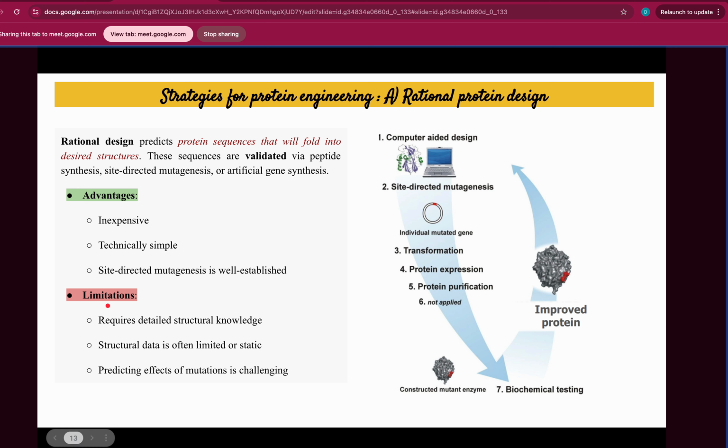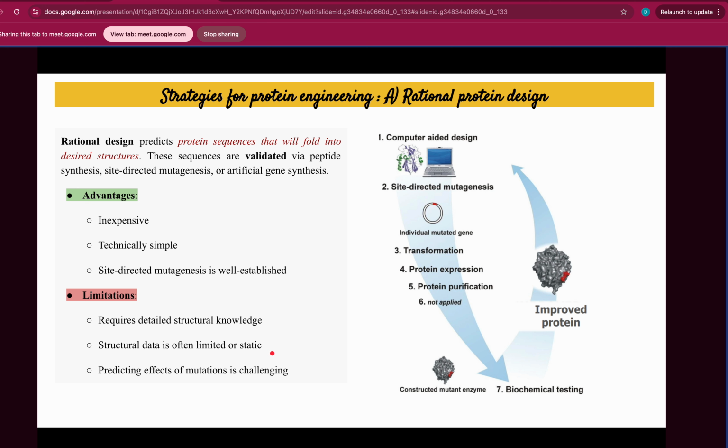Now the limitation is that it requires a detailed structure knowledge, but in most of the cases for all the proteins we do not have structural knowledge. So in such scenarios, rational design could not be possible. Then structural data is often limited or static.